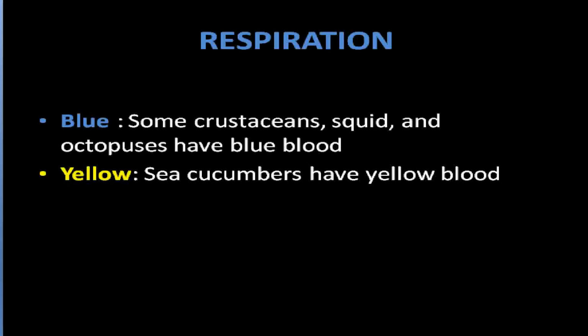Generally blood is red in color, but in certain organisms like crustaceans, squid and octopus, the blood is blue. In the sea cucumber, the blood is yellow.